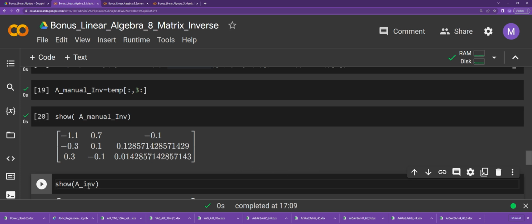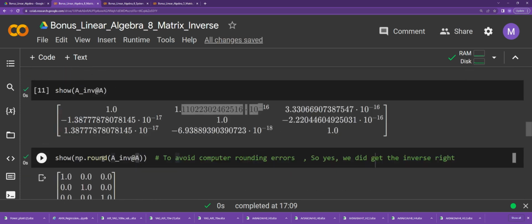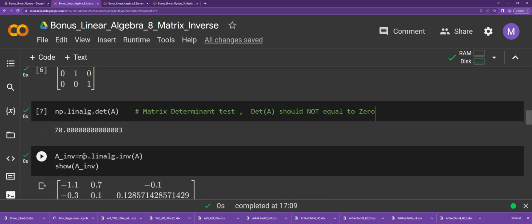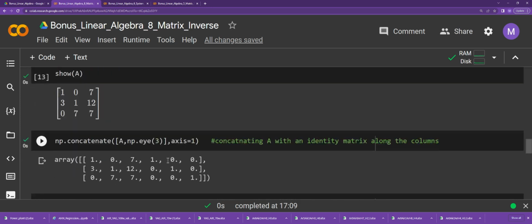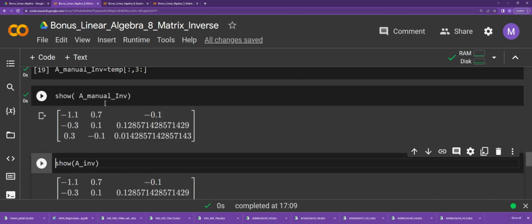And we calculated A inverse, where did we do it? I deleted the function here, yeah? So we remember A inverse was np.linalg.inv, using numpy linalg with the inverse function, or we do it manually, which was the way I just showed you.